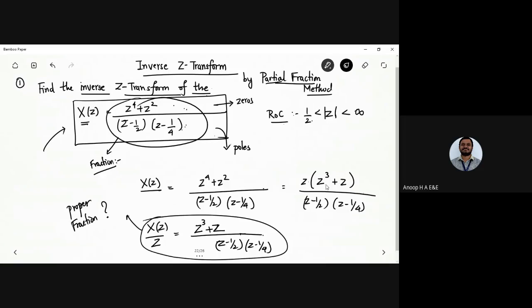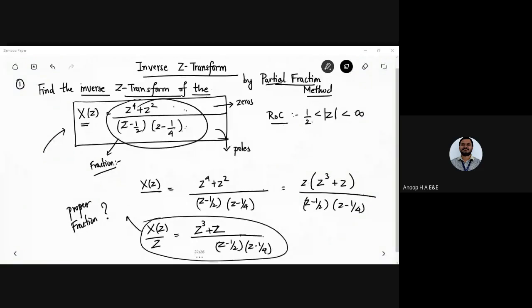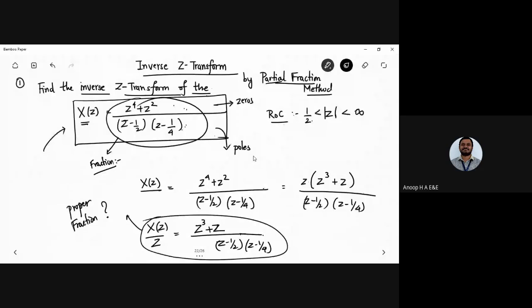Yes. Is anyone there? No, sir. Yeah. Why do we generally call it not a rational one, nor a proper fraction? Any reason? I told you, is it a proper fraction or not? The answer is no. Now, why?